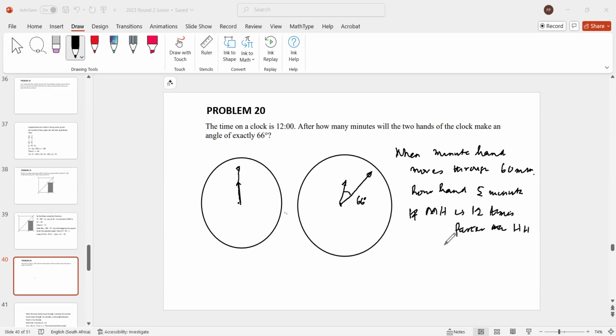So if we want to know after how many minutes the two hands will make 66 degrees, let the hour hand move X minutes. All right, so you got this one here from the vertical.